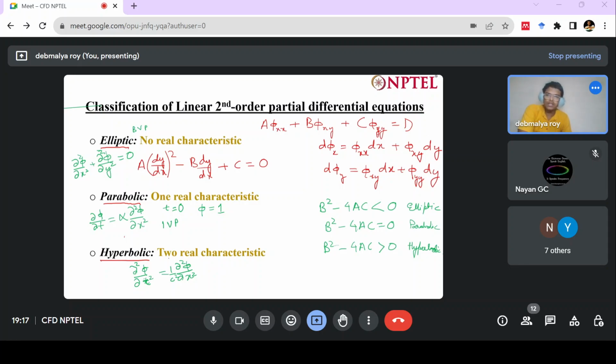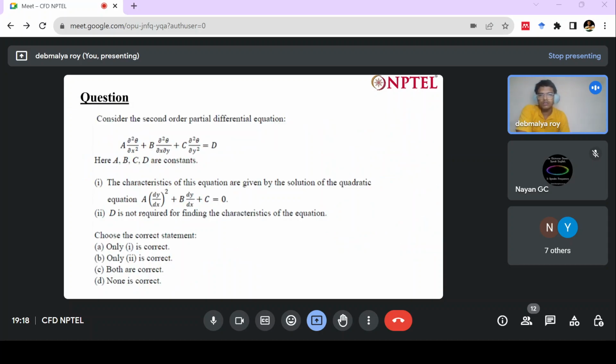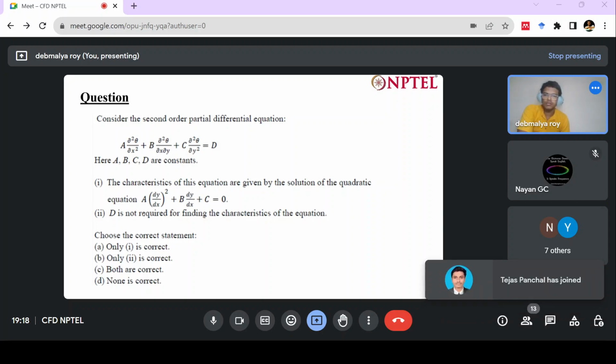So that is basically the difference between these three types of equation, and our solution strategy will depend on whether these equations are elliptic, parabolic, or hyperbolic. So let's do some problems regarding these classifications, and then we will move to the next topic.